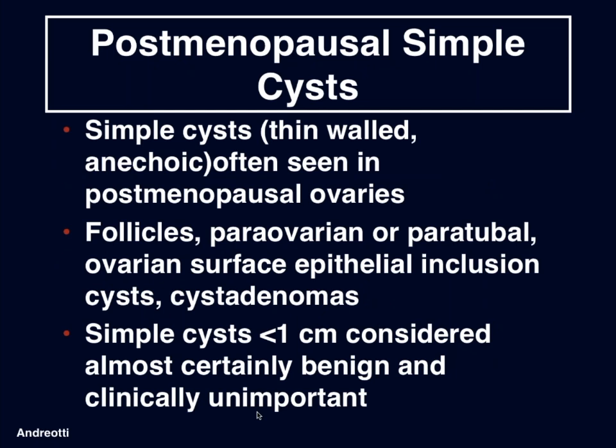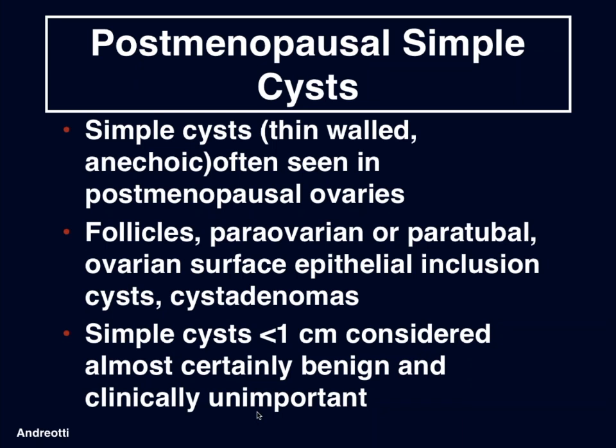And in the postmenopausal female, I just also wanted to mention quickly that we may see thin-walled simple cysts, and these could represent follicles, paraovarian or paratubal cysts, ovarian surface epithelial inclusion cysts, or cystadenomas.